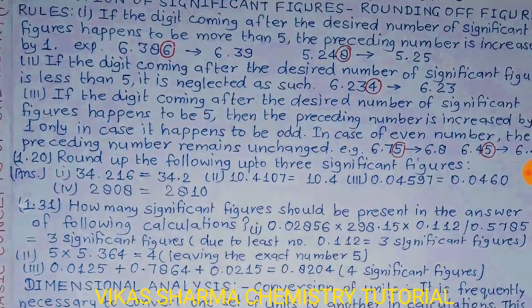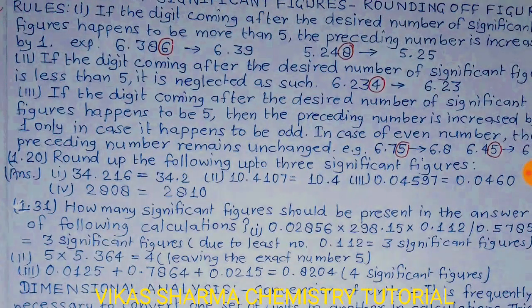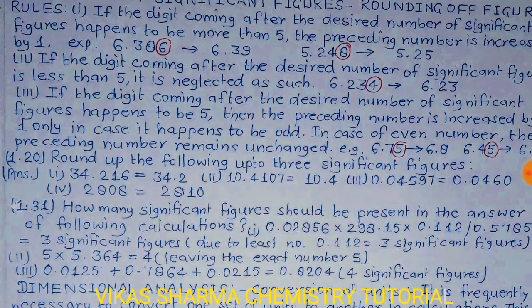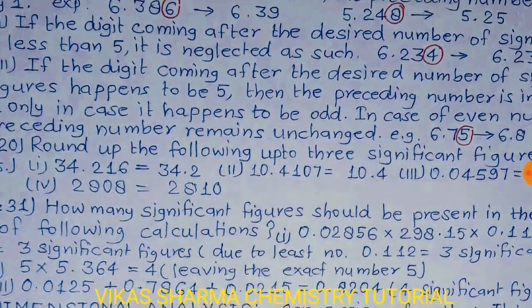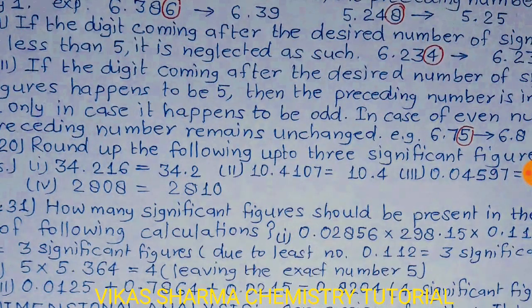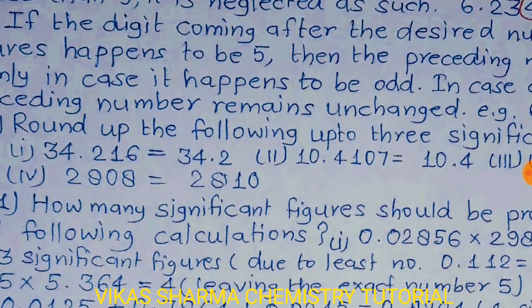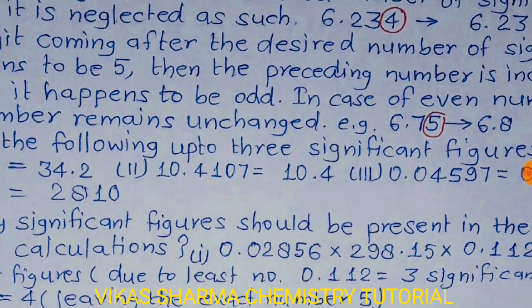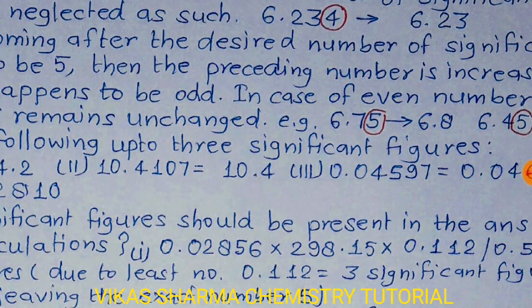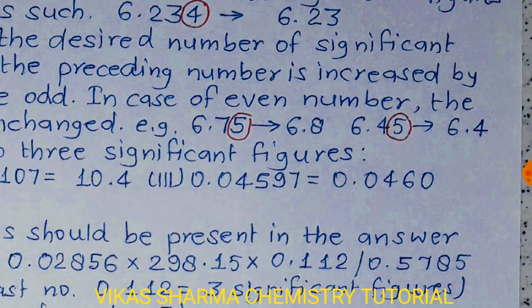Student, question 1.20, round off the following up to 3 significant figures. So 34.216, 1 is smaller than 5, so the round off is 34.2. Second question, 10.4107, 1 is smaller than 5, so rounding off is 10.4.